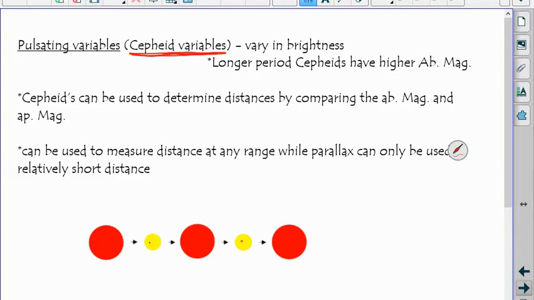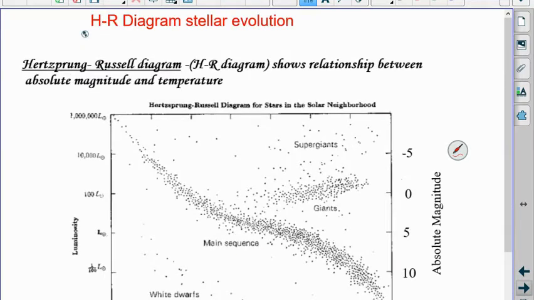If we know that interval, we know the absolute magnitude. We can look at them and know their apparent magnitude and do what we just did to determine how far away they are. So it's just another way to determine distance in addition to parallax and also supernovae.